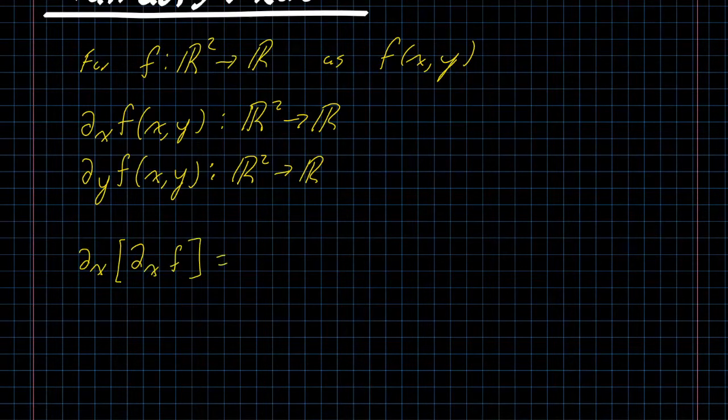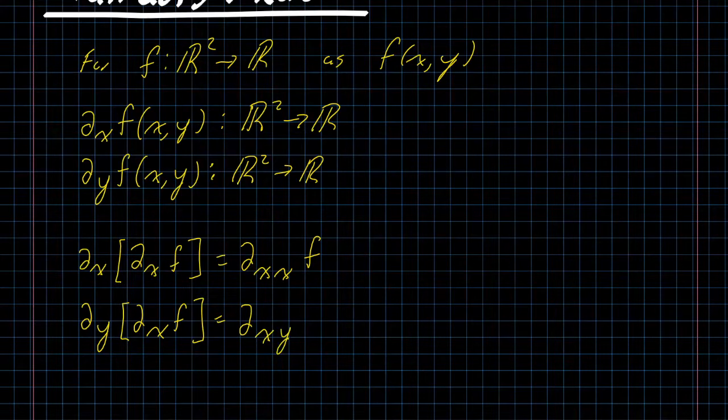And for convenience, we're going to write that as the partial with respect to x twice. We should be able to take the partial derivative with respect to y of the partial with respect to x of f. And for convenience, we're going to write that as the partial with respect to x, then y. We took the partial with respect to x first, and then we took the partial with respect to y after that.